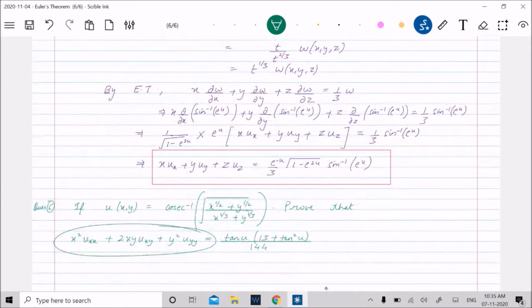Note that this is a second order derivative relationship, so we'll be using that deduction we derived yesterday in this numerical.